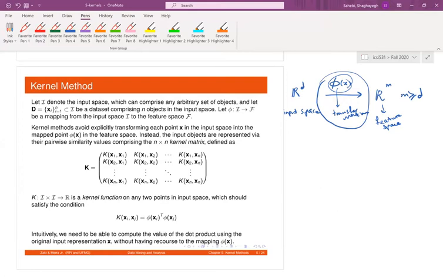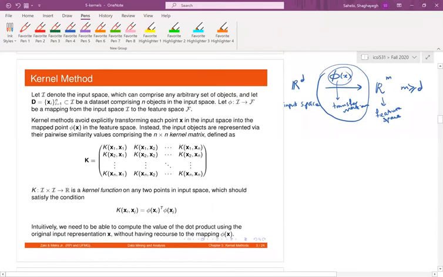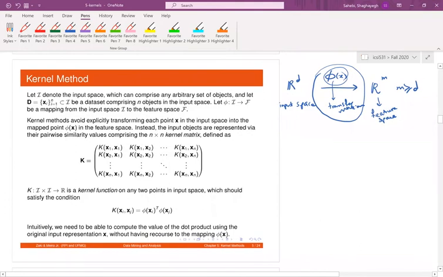So basically, what we will say is that instead of working with phi of x, we are going to be working with the values phi of xi transpose phi of xj, the inner product between the mapping of data point xi and data point xj, and we call this k of xi and xj, k for kernel.